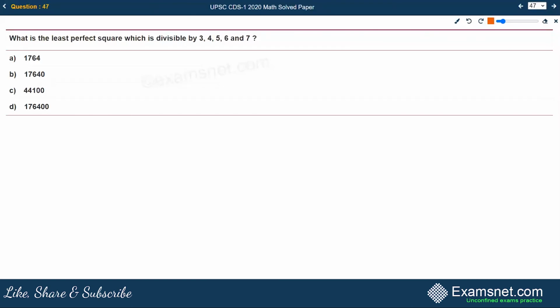In question number 47, we are given: what is the least perfect square which is divisible by 3, 4, 5, 6, and 7? So here, to get a number which is divisible by 3, 4, 5, 6, and 7, we first need to find the LCM of 3, 4, 5, 6, and 7.